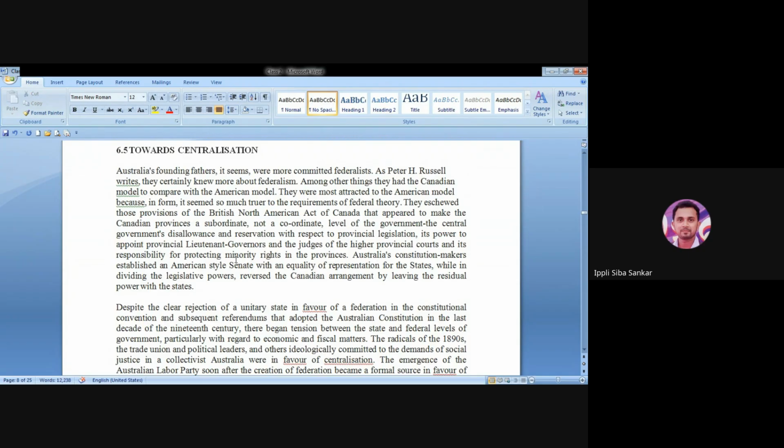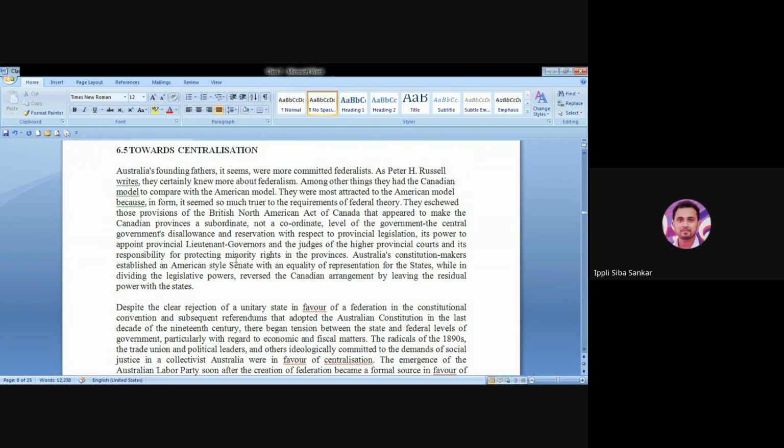those provisions of the British North America Act of Canada that appear to make the Canadian provinces subordinate to, rather than a coordinate level of government with, the central government: disallowance and reservation with respect of provincial legislation, its power to appoint provincial lieutenant governors and the judges of the higher provincial courts, and its responsibility for protecting minority rights in the provinces.